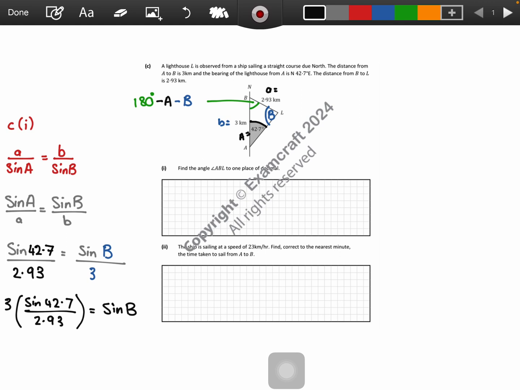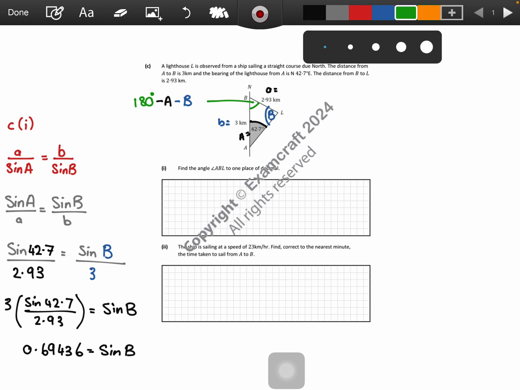Okay, so when I do that, I'm going to get 0.6943614367 is sine B. So let's get rid of the sine there by doing the inverse sine on the other side.